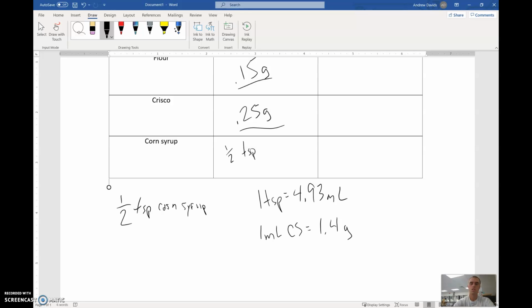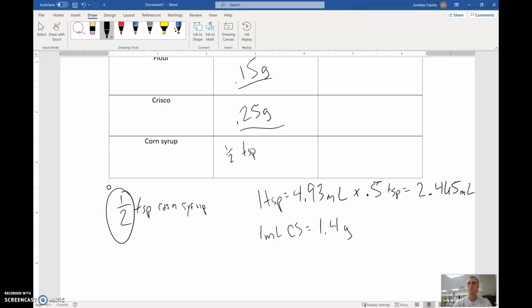First I'm going to multiply 4.93 times 0.5, because that is half a teaspoon. 4.93 times 0.5 is equal to 2.465 milliliters.